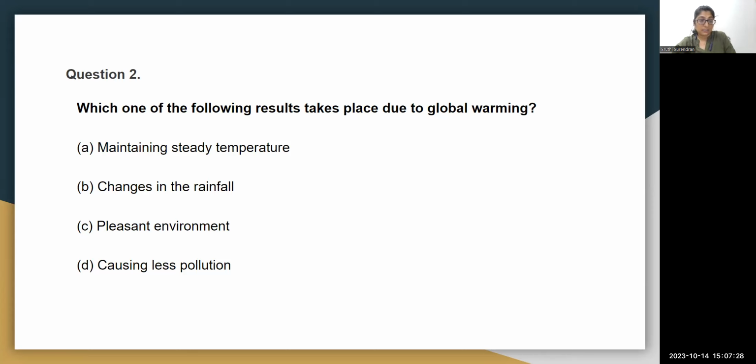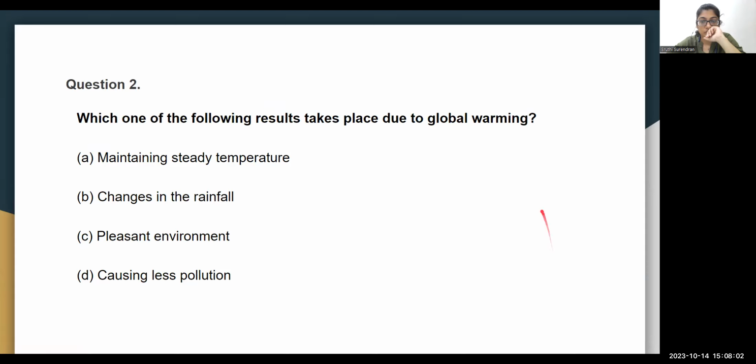Is it going to give us a pleasant environment, or is it resulting in less pollution? Which one of the following results takes place due to global warming is the question.